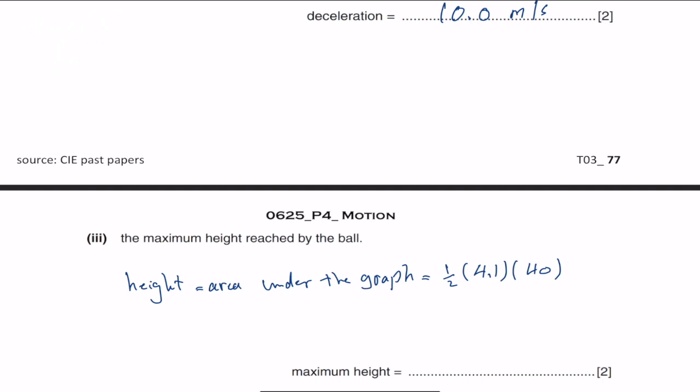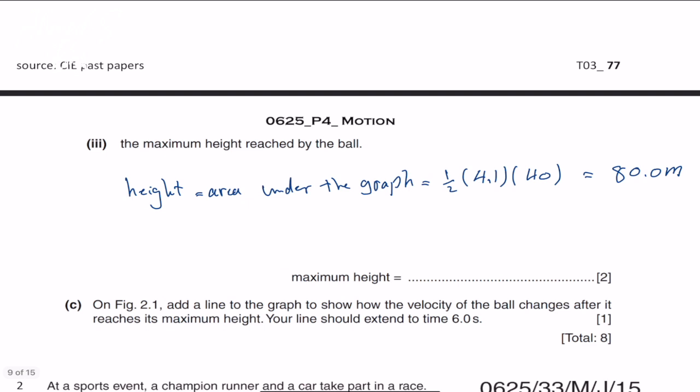So it's half times 4.1, which gives you 2.05, times 40, approximately 80. So I'm going to write here 80.0 meters. This is the maximum height.